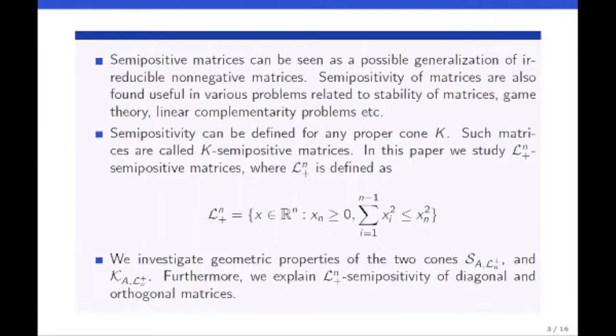We study two proper cones, S A Ln plus and K A Ln plus, defined for an Ln plus semi-positive matrix A. We also study diagonal and orthogonal Ln plus semi-positive matrices. In particular, we show that Ln plus semi-positivity of an orthogonal matrix depends on the sign of only one entry of the given orthogonal matrix.